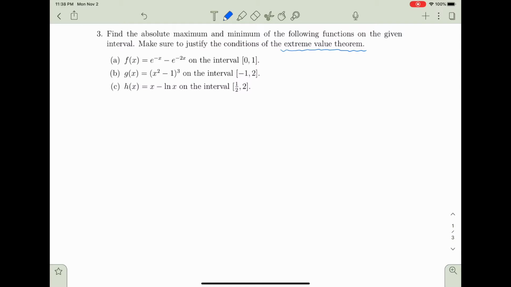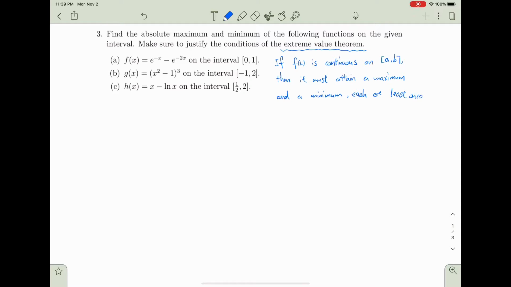This theorem says that if a function f of x is continuous on a closed interval a and b, then it must attain a maximum and a minimum, each at least once.